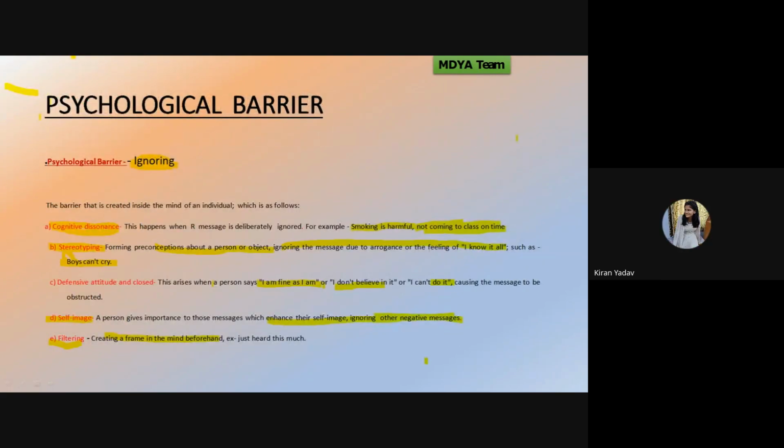Ma'am, should I explain stereotyping again? Okay. Stereotyping is like there are some group of people. For example, girls are made to do domestic work at their home, they are not made for going out. This is a belief, the way a person thinks about all the girls.